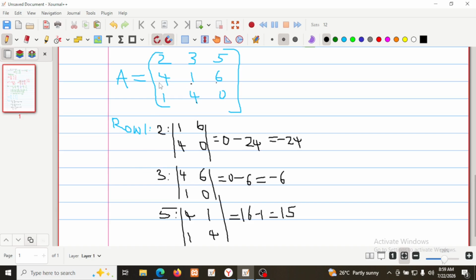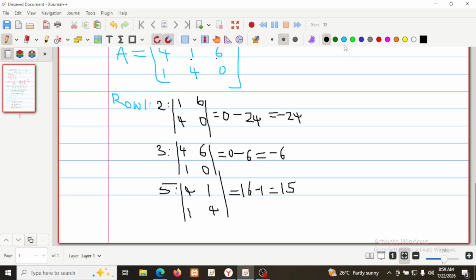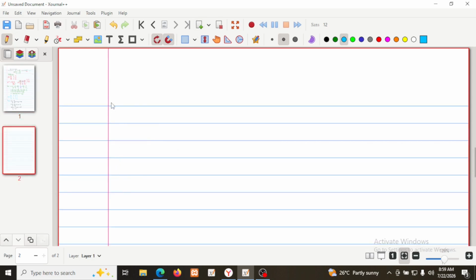We proceed to the second row where we have 4, 1, 6. Let me add a page here. So for row number 2, if you have copied, we have 4, 1, 6.